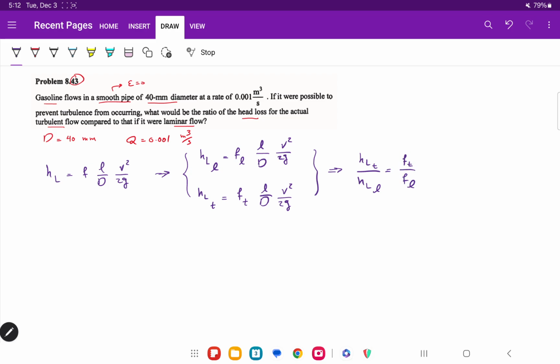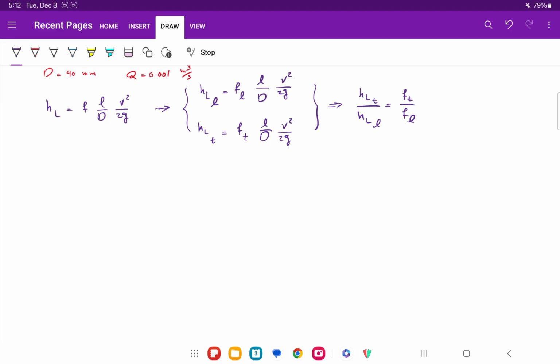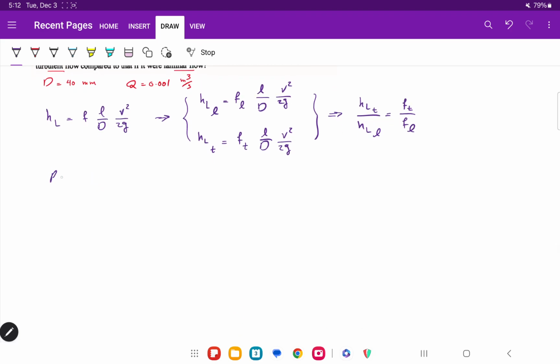So we just need to find friction factor. So let's find velocity first and then Reynolds number. So what do we know? For the gasoline, density equals 680 kilograms per cubic meter, and viscosity of this fluid is 3.1 × 10^-4 newton second per square meter.